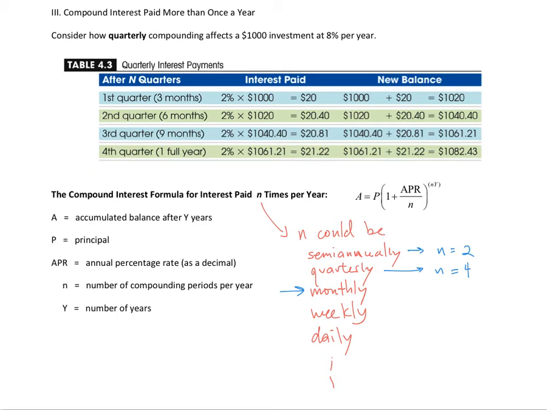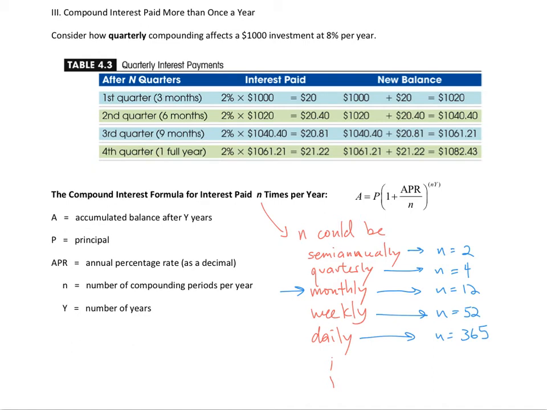If something happened monthly, how many times in a year? 12 times. Weekly? Funny story, I had a student that didn't know that there were 52 weeks in a year. I think the student said 46 or something like this. I was like, what? And daily would be 365 times per year.